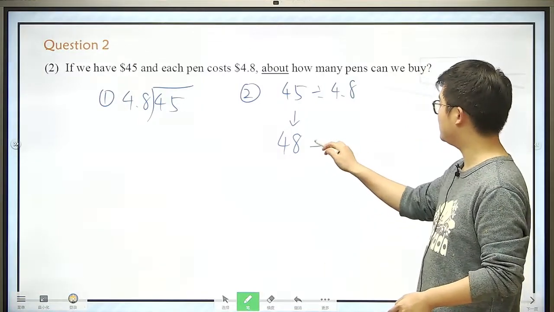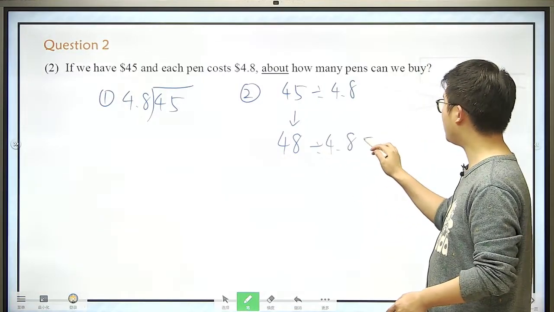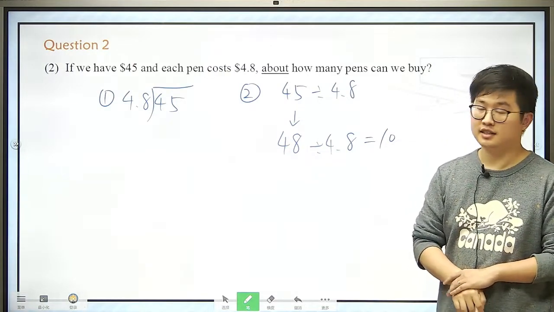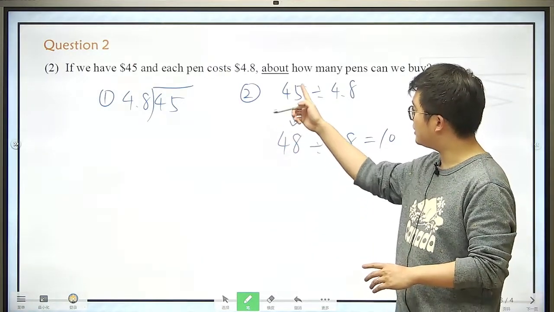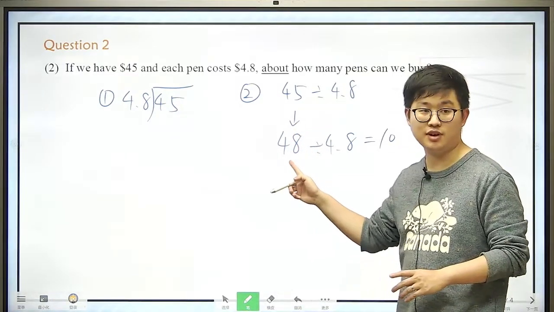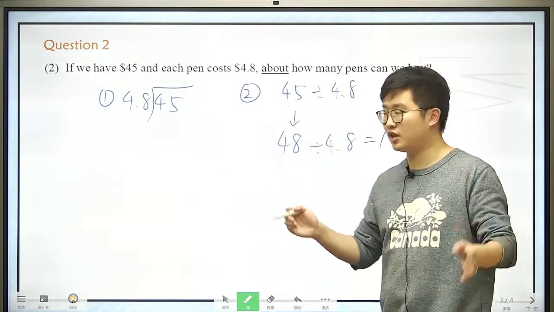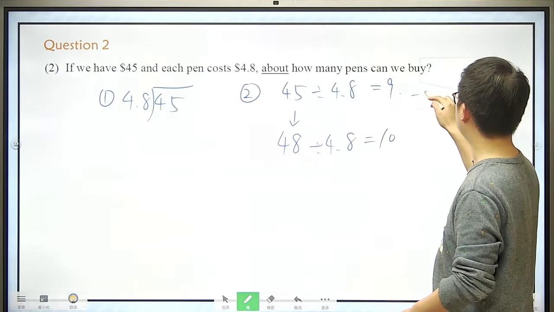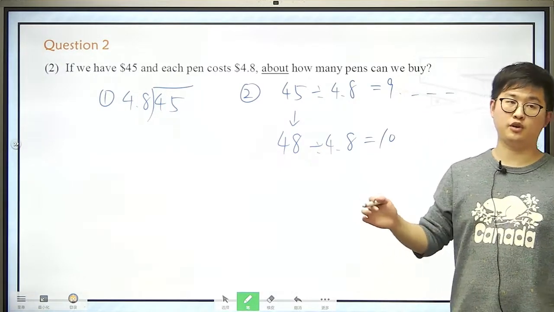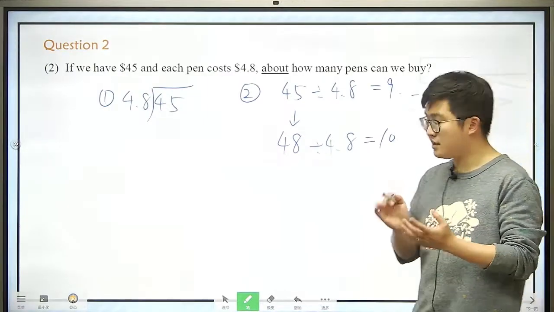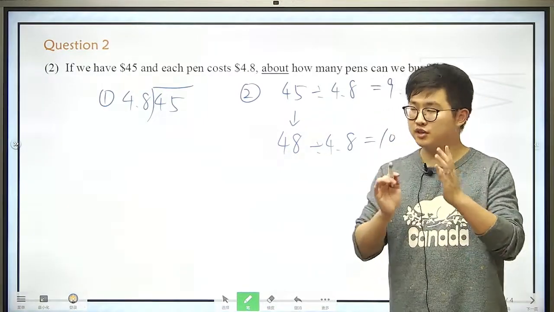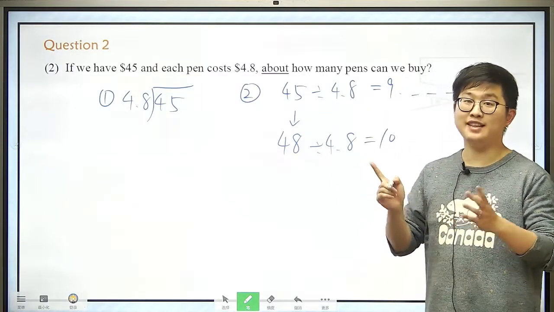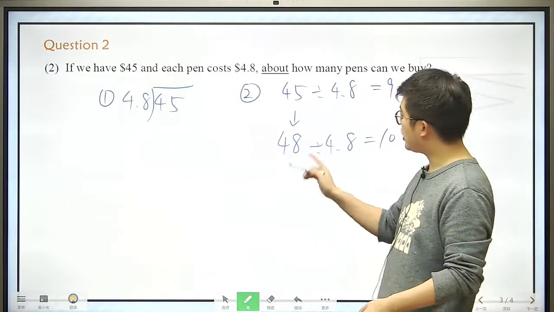Because 48 divided by 4.8 is 10, and we know that 45 is a little less than this. So now, many of you would guess, oh, so this means it's 9 point something, a little bit more than 9. Yes, this answer is right, but I want you to check if it's something more than 8. So we check it this way.